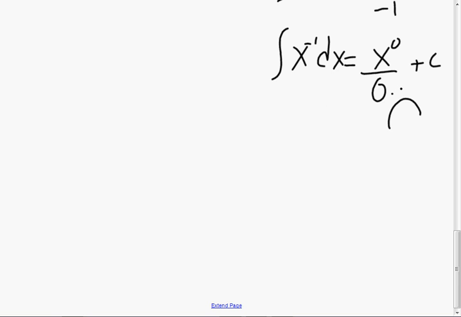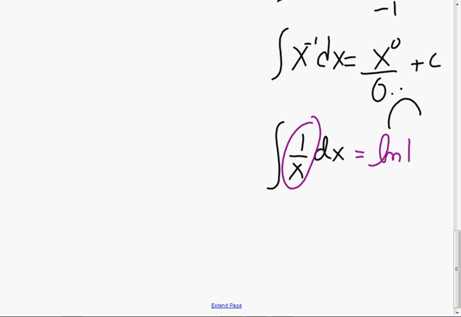Let me write it in a little different way. What's the derivative of what is 1 over x? That's right. Natural log of x. Now, I'm not going to explain why we're going to put an absolute value at the moment, but we will be putting an absolute value plus c. We can't forget that absolute value. It's critical.